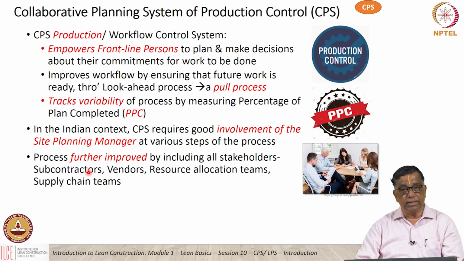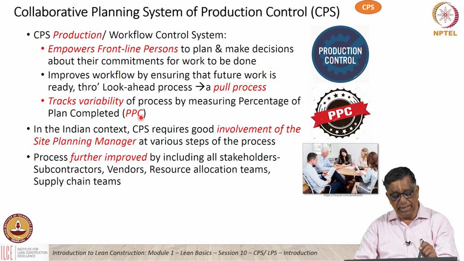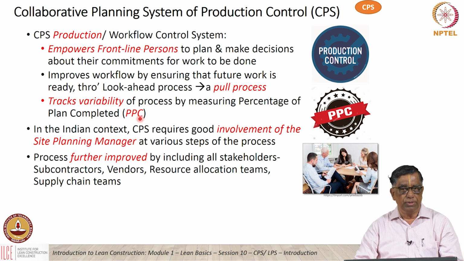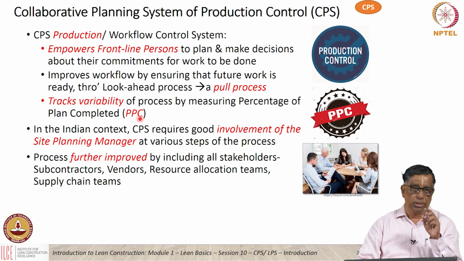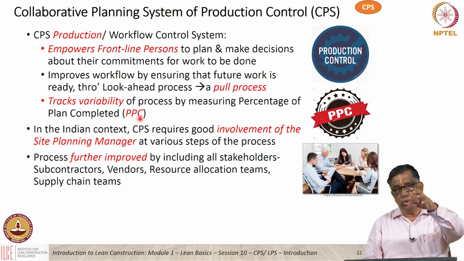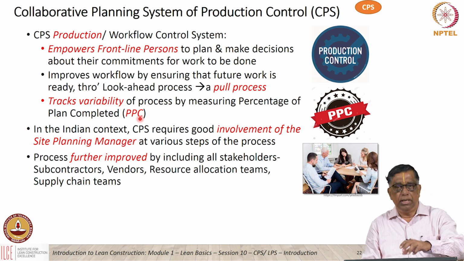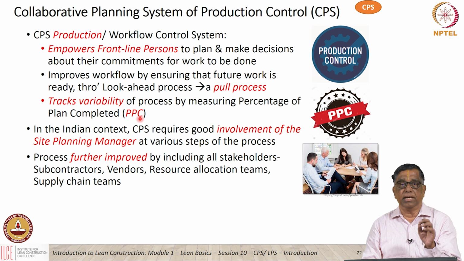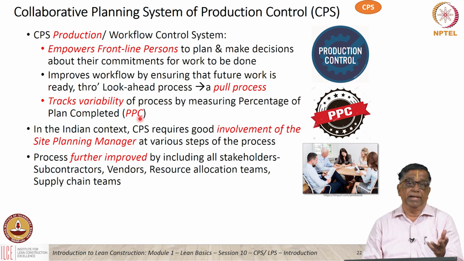There's a great factor called PPC, or Percent Plan Complete. The Percent Plan Complete measures how many promises on a given day we have completed in full. If I say that I have planned to do 6 activities, I do all the 6, I get 100% PPC. If I do, for example, 5 activities out of 6, I get 5 out of 6, something like 80%.